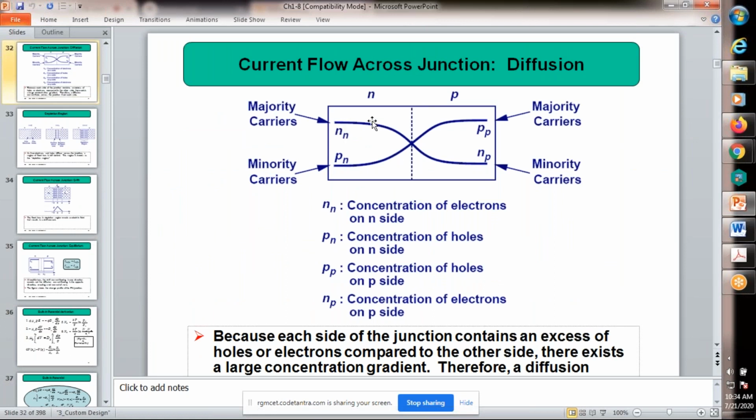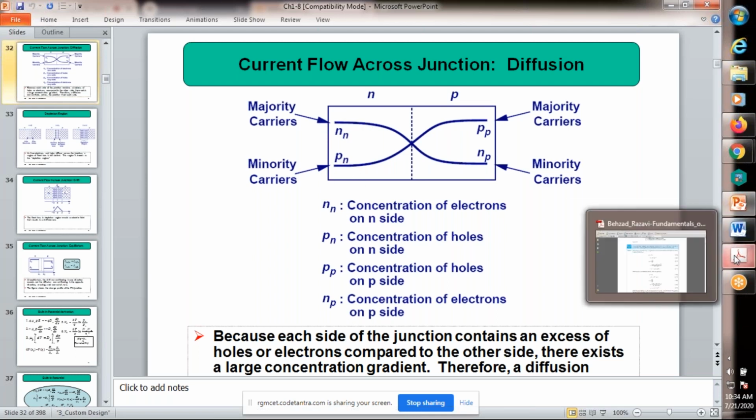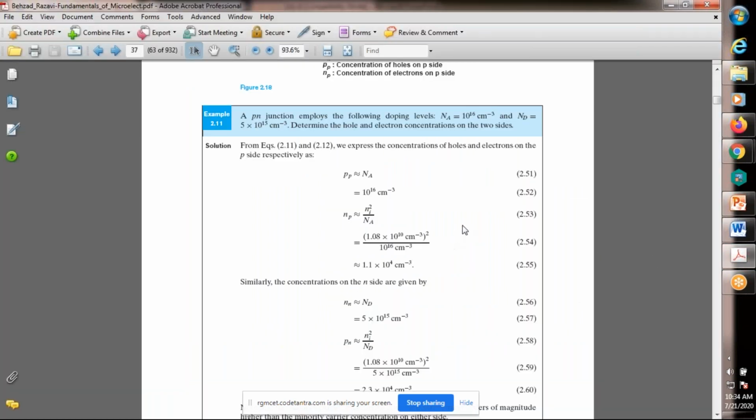Before connecting the junction, let us assume these are the concentration levels: majority concentration, minority concentration, right? Now there is one problem.